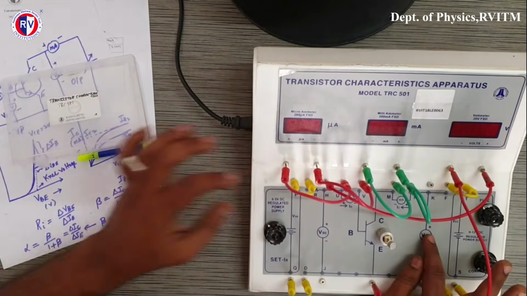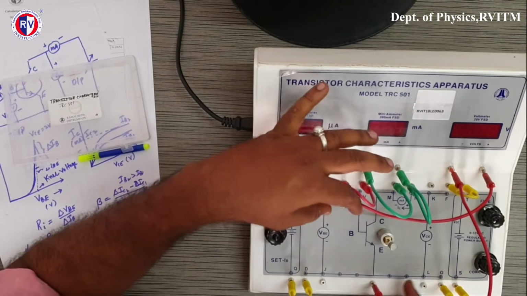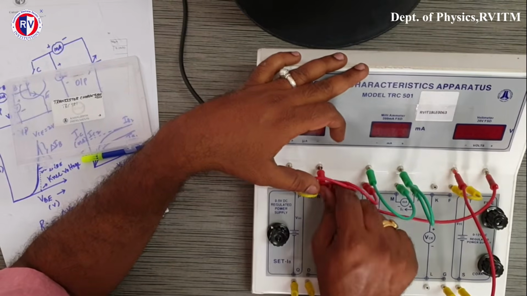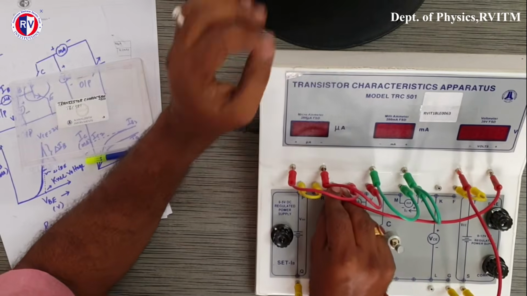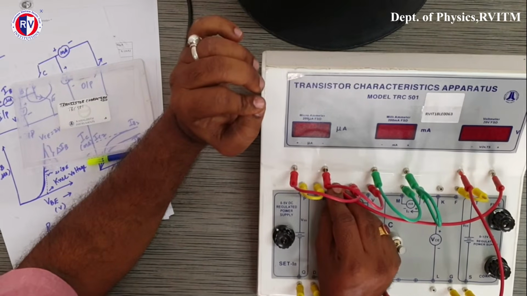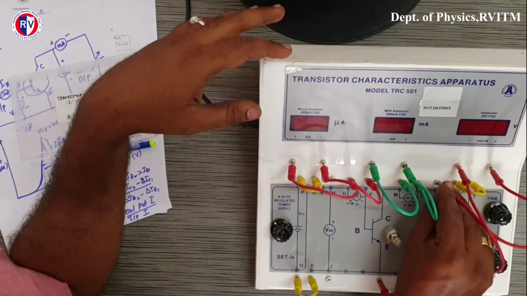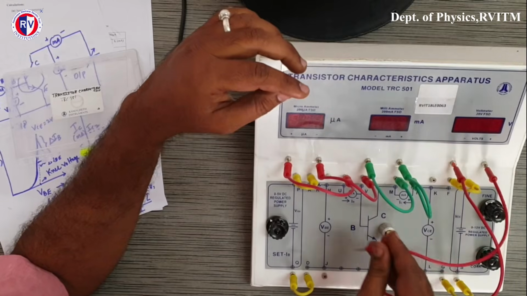So there is VCE, voltage across emitter collector terminal. This terminal is common when we are using input. So this voltmeter is common, therefore we will connect it here when we are using input. When we are doing output characteristics, this is taken out and connected here, therefore this is a common voltmeter we have.